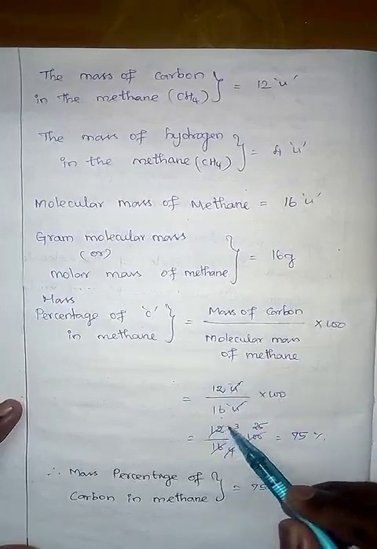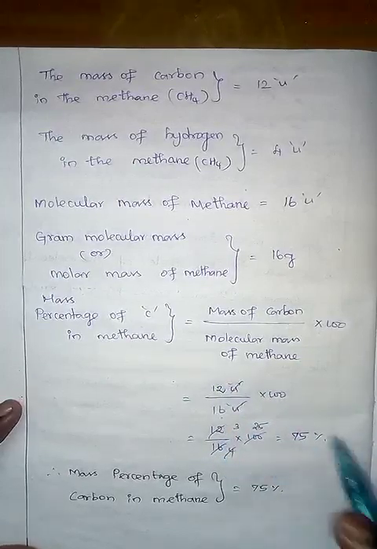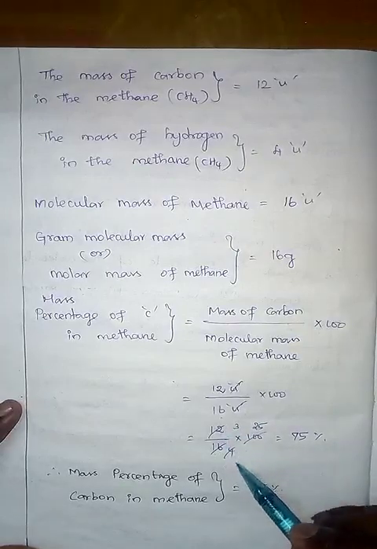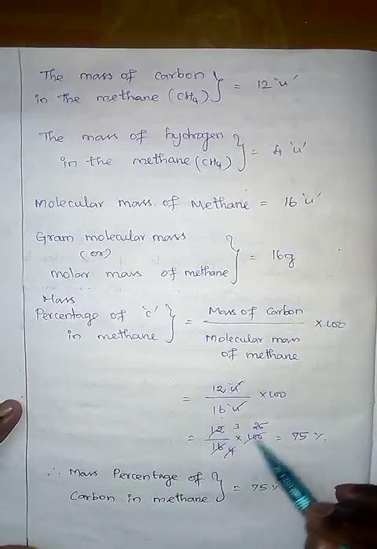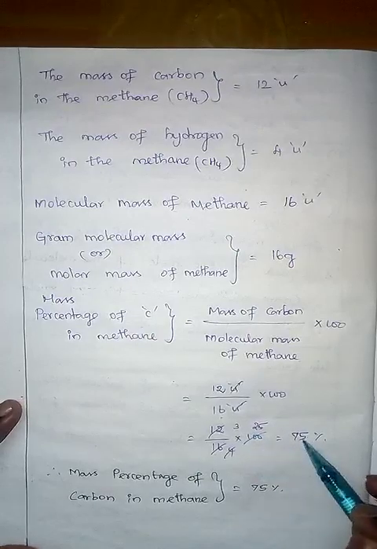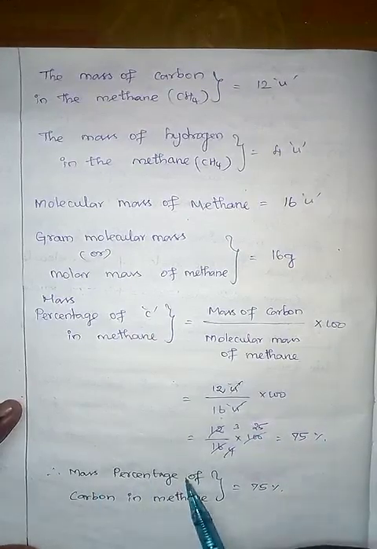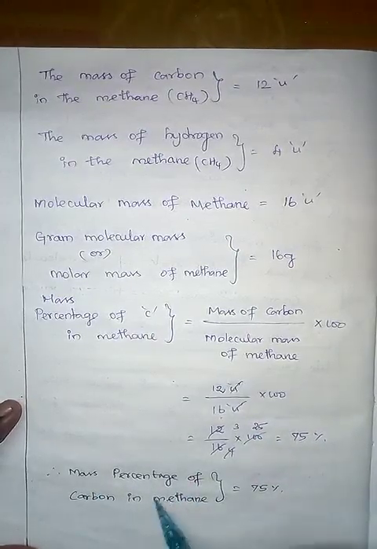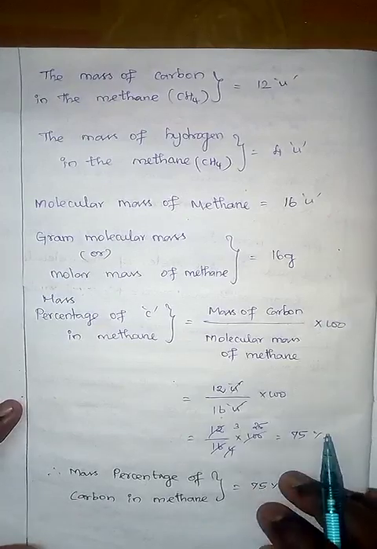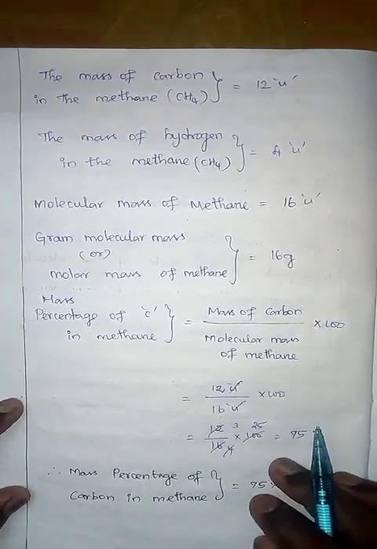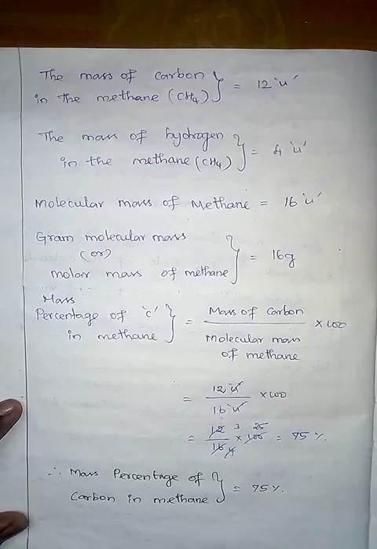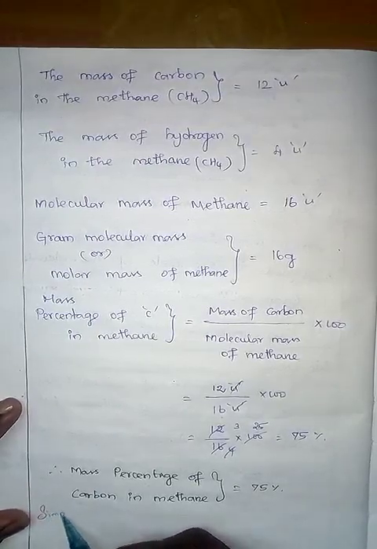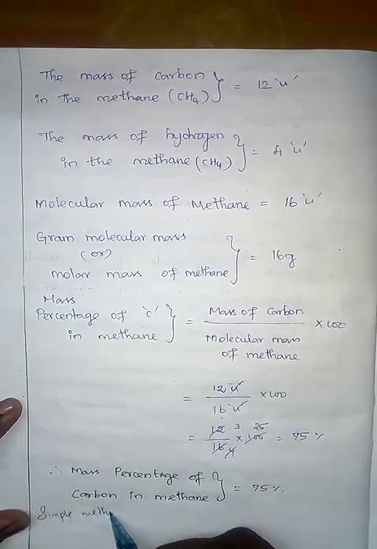Dividing by 4, this is 3 times, this is 4 times. Dividing by 4 table, this is 25 times. 3 into 25 is 75%. So the mass percentage of carbon in methane is 75%. That is an easy way to calculate. We call it the simple method.